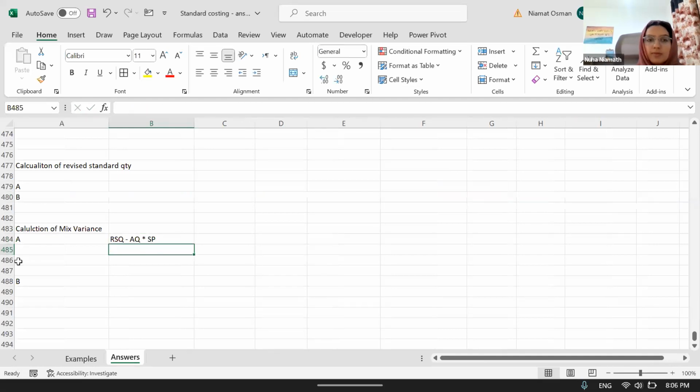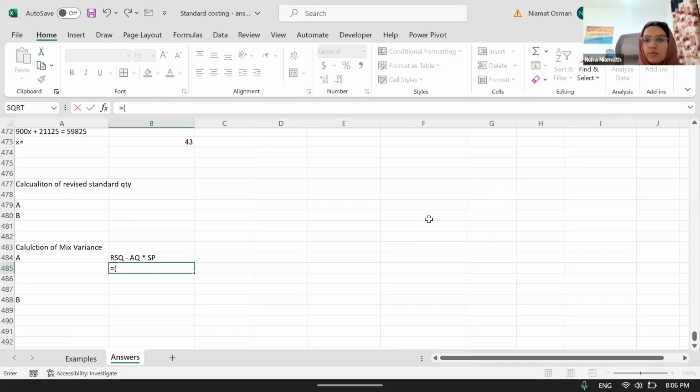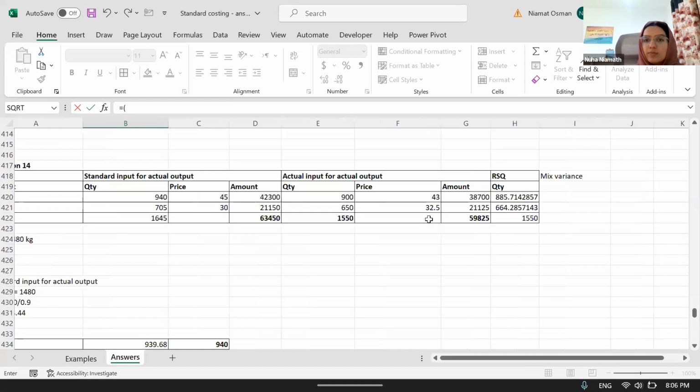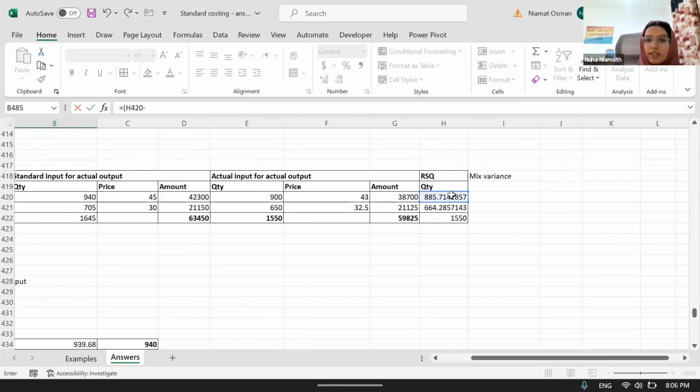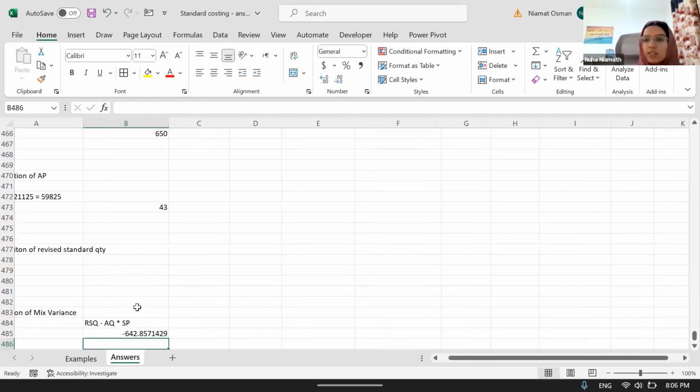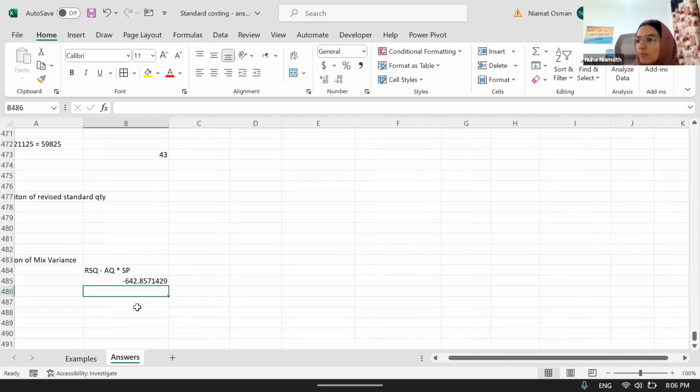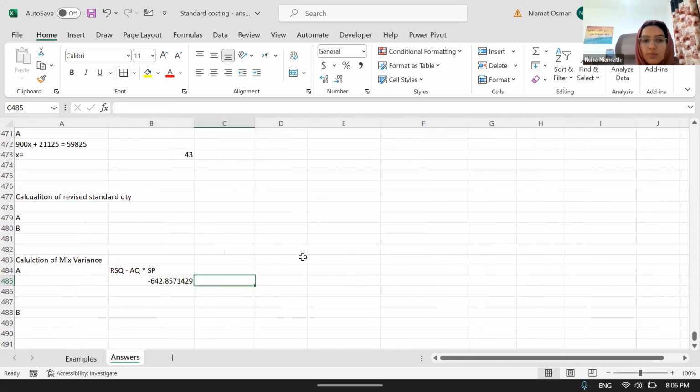So that will be RSQ is what? 885 minus AQ is what? 900 into SP is what? 45. So that will be 642, isn't it?